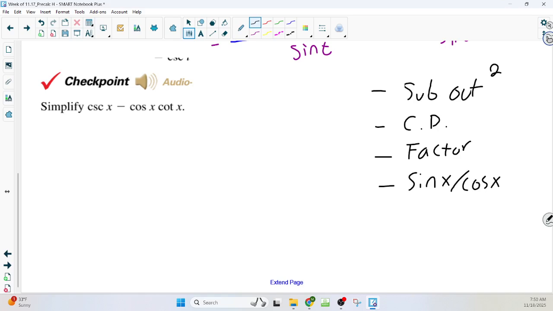These are all the techniques that we've been using thus far. So let's think about what might work here. I'm going to have you pause the video and give this problem a try.